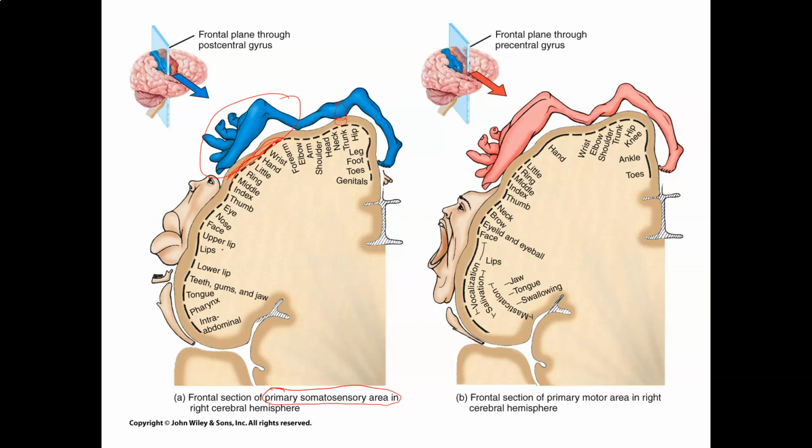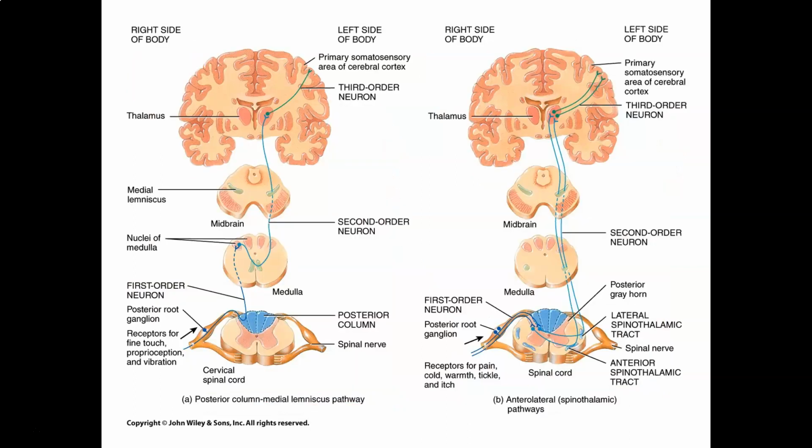But there is a theory, I guess you could call it, that a lot of our visceral pain sensory nerve impulses somewhere along the line synapse with axons of neurons carrying somatosensory information from the skin or muscles, for example. So somewhere along the line they converge, and they end up going to the same region of the primary somatosensory area.